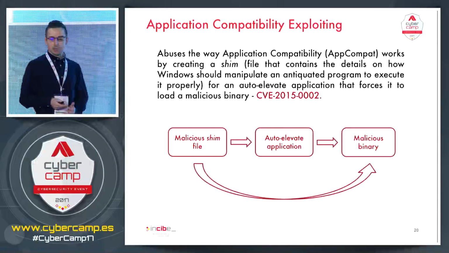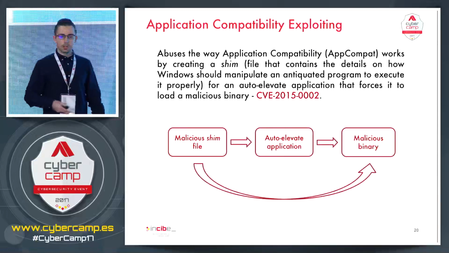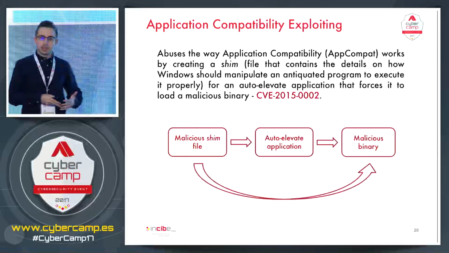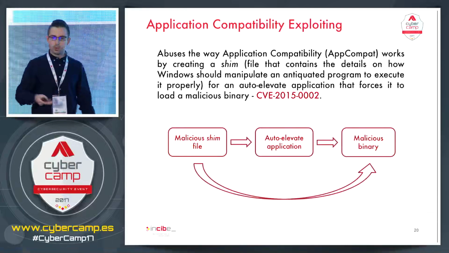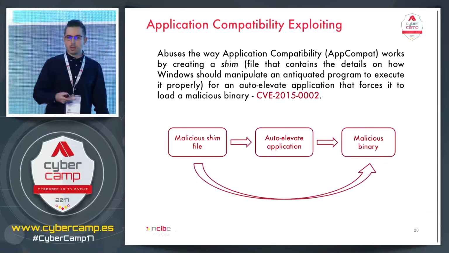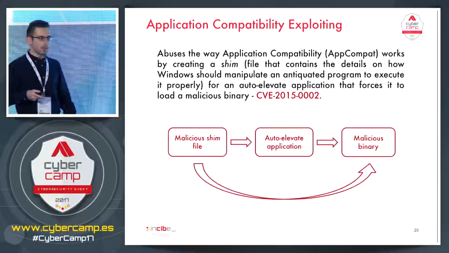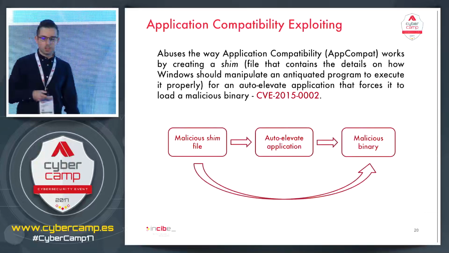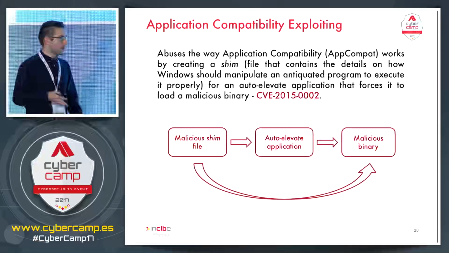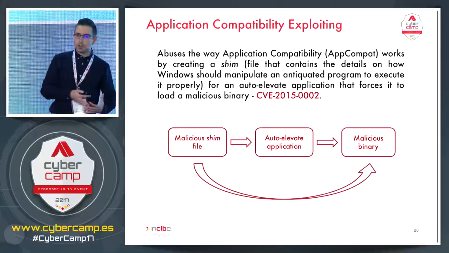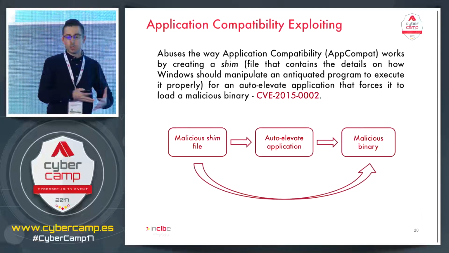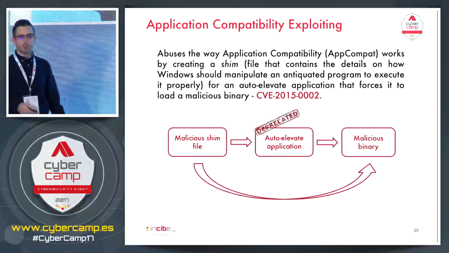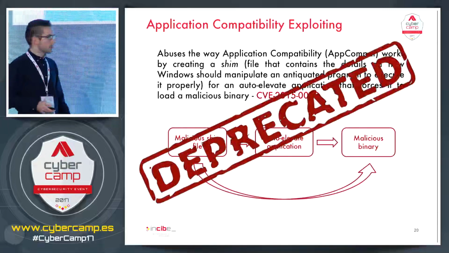In the past, an attacker could create a malicious shim file in order to invoke a process, and they would apply this shim file into an auto-elevate application that would activate the shim file, and the process would be executed in an auto-elevate manner. This attack has a CVE number, which means that the international community and Microsoft have a deprecated category.